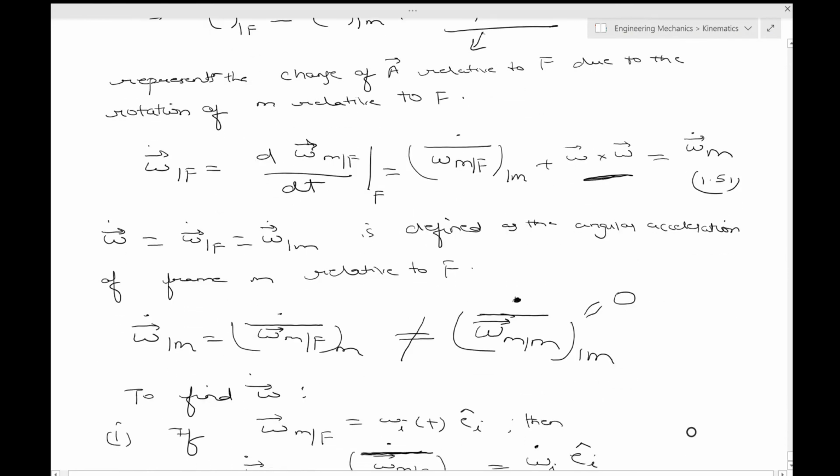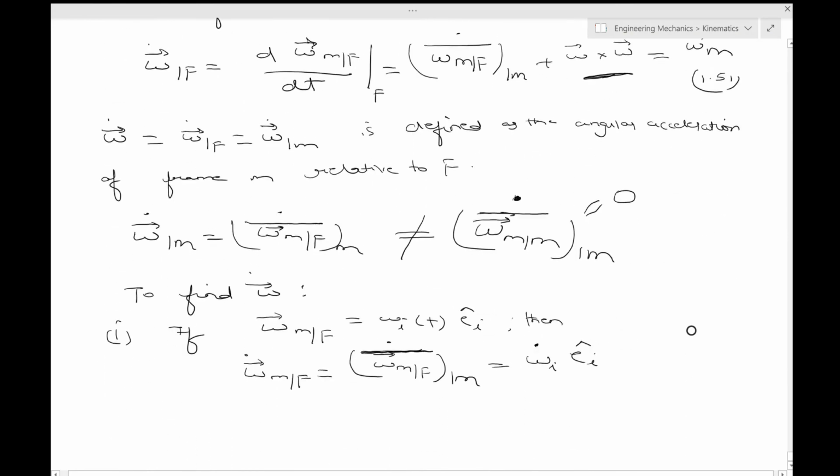The second case would be that you have everything defined in the F frame.